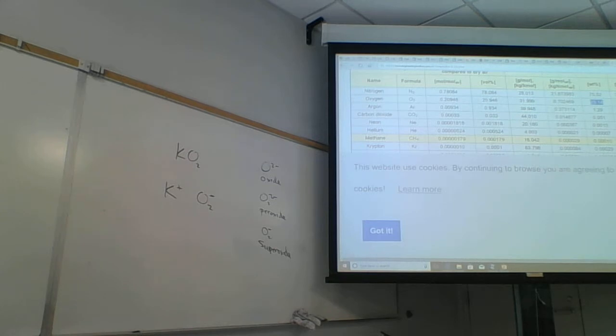That's going to be 23.14 grams of what out of 100 grams of what? This is going to be 23.14 grams of oxygen for every 100 grams of air. So if I have 100 grams of air here, I really only have 23.14 grams of oxygen.